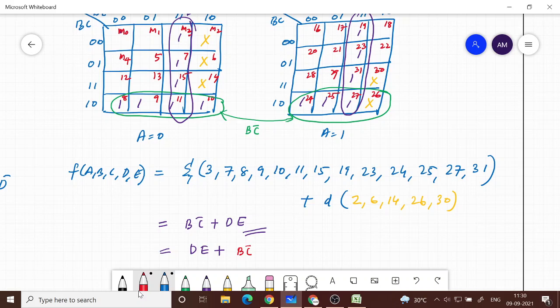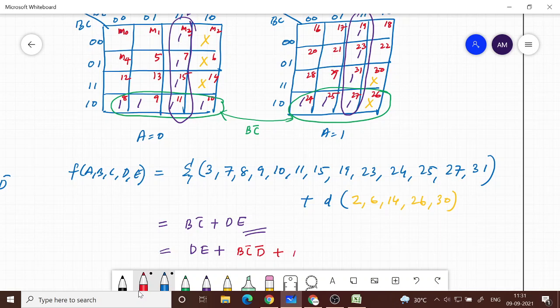That will give you basically B C bar, and one more variable will come, that is D bar. So that will cover these 2 and this 2. Now I need to cover this one and this one.